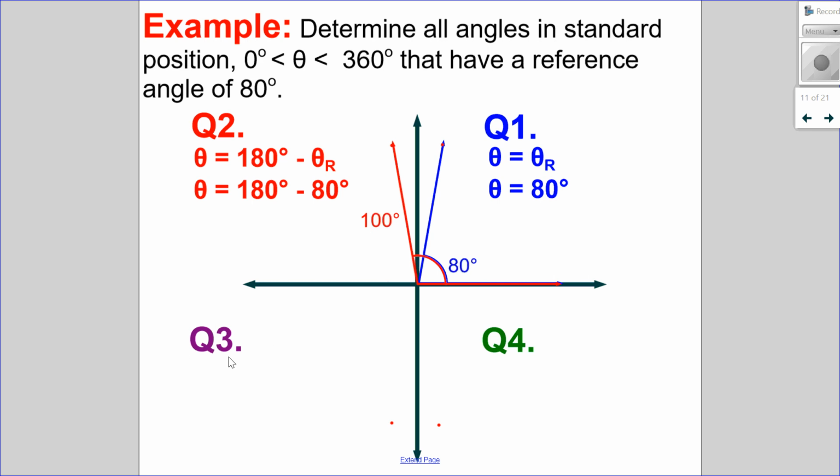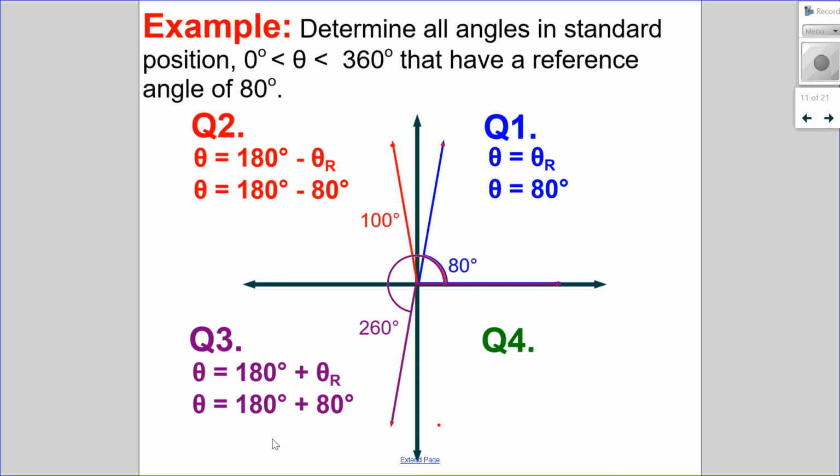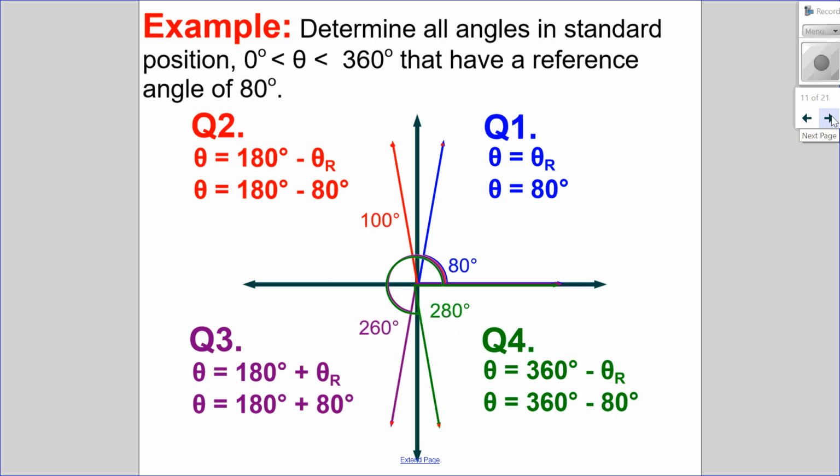In quadrant 3, the angle itself would be bigger than 180, so I just do 180 plus the reference angle, and I would get that the angle with a reference angle of 80 would be 260 in quadrant 3. And in quadrant 4, I'm just going to do 360 take away my reference angle. So for all of these examples, always big minus small. That can be used to find the reference angle and also to find the angle itself. So this angle here would be 280 degrees.